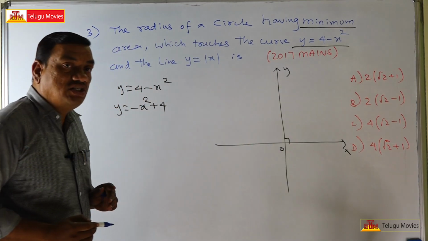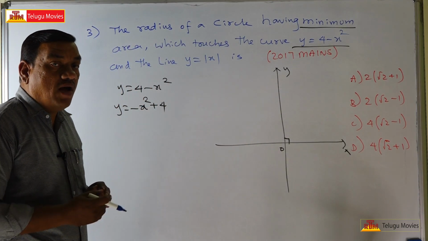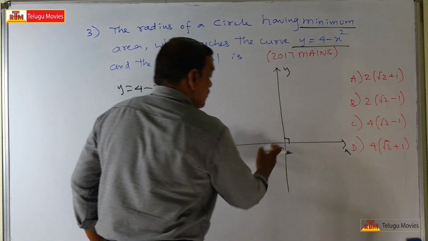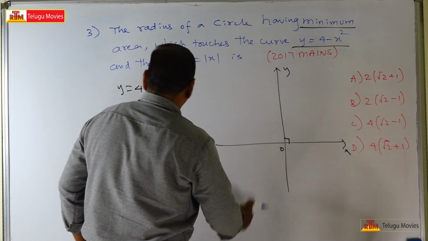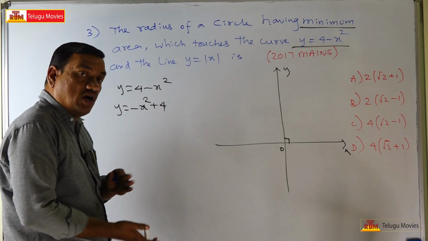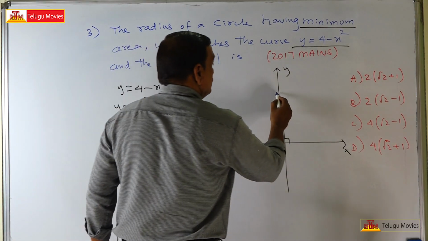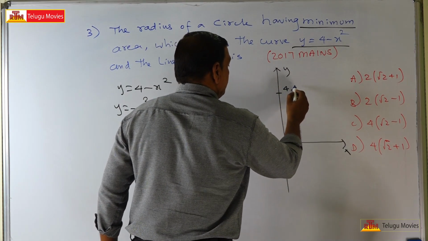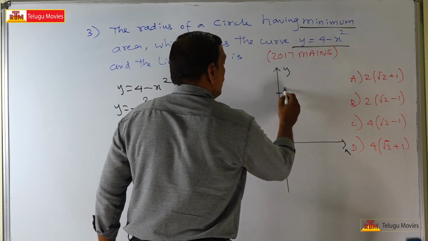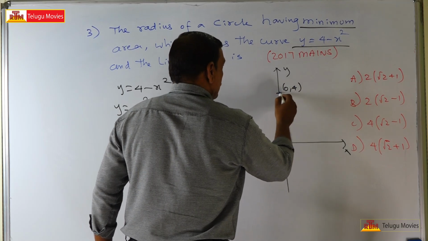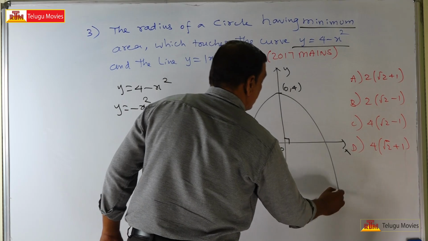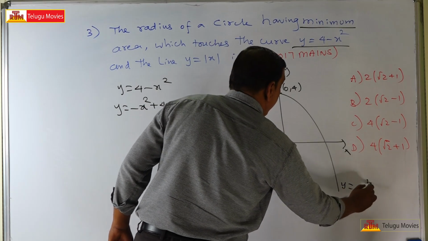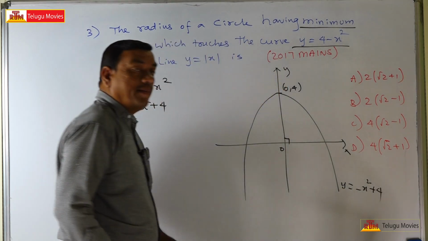First of all, y is equal to minus x square is a parabola opening downward. Plus 4 means it rises 4 units. So this is the point 0 comma 4. So this is your parabola, y is equal to minus x square plus 4.